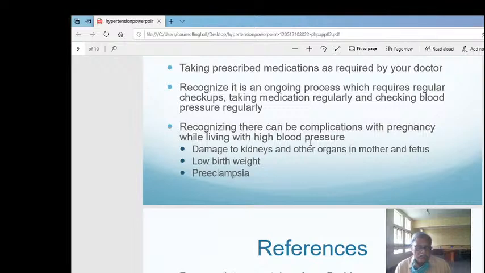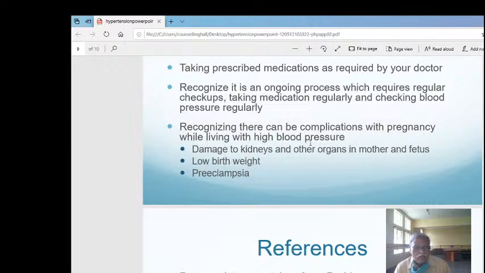All pregnancies should be subjected to examination of the blood pressure very carefully. If the diastolic blood pressure is more than 85 millimeters of mercury, one should think that the patient is going to develop pregnancy-induced hypertension.